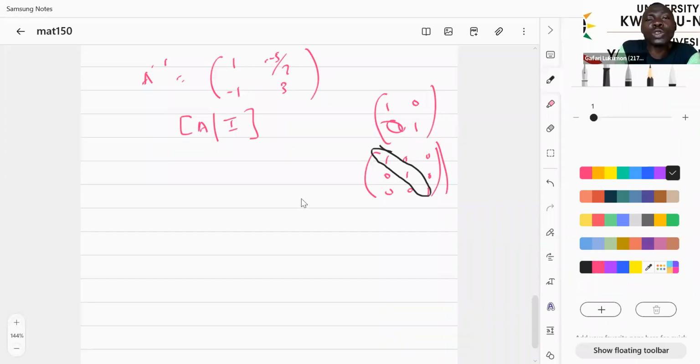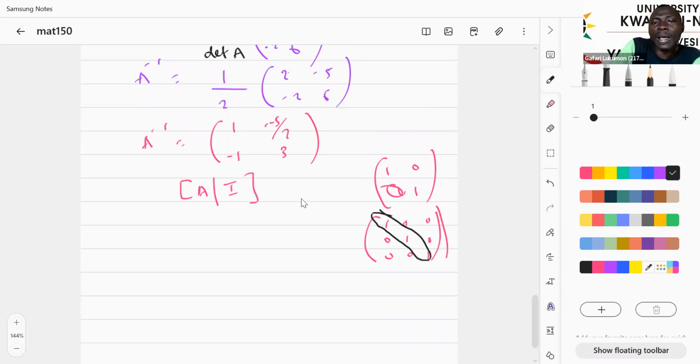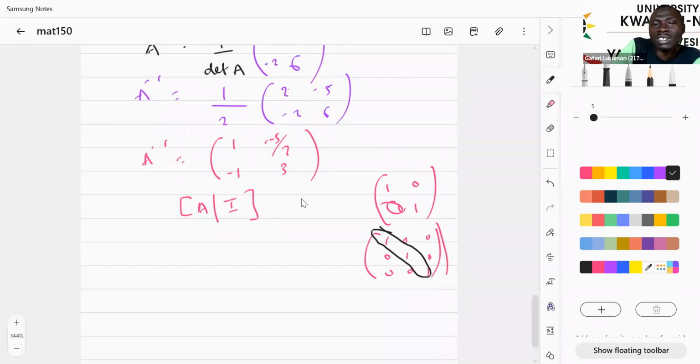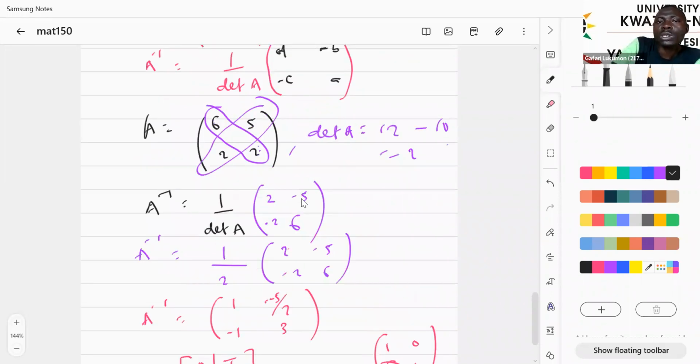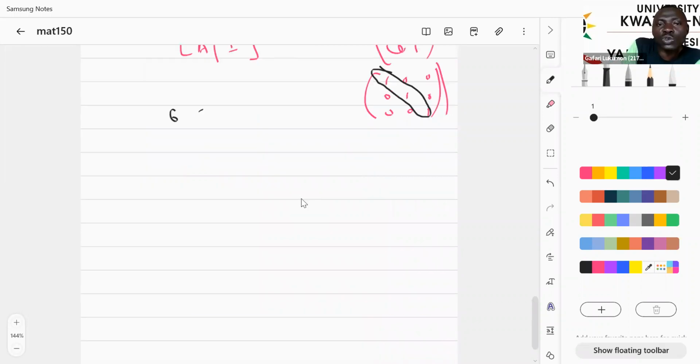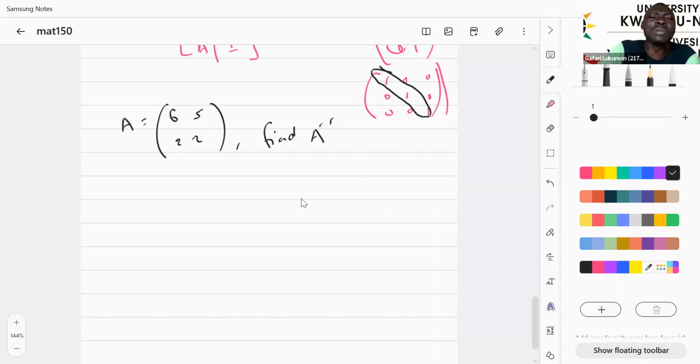So if you want to use your augmented matrix to find the inverse, for example, we have the matrix A: 6, 5, 2, 2. If we are asked to find the inverse of A, you put it in an augmented form.